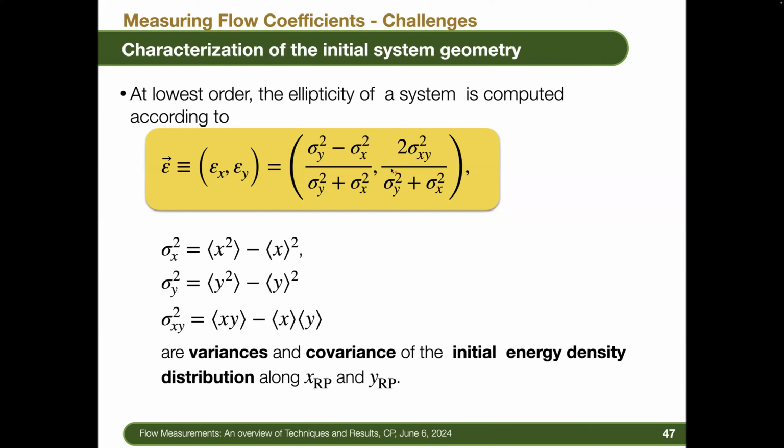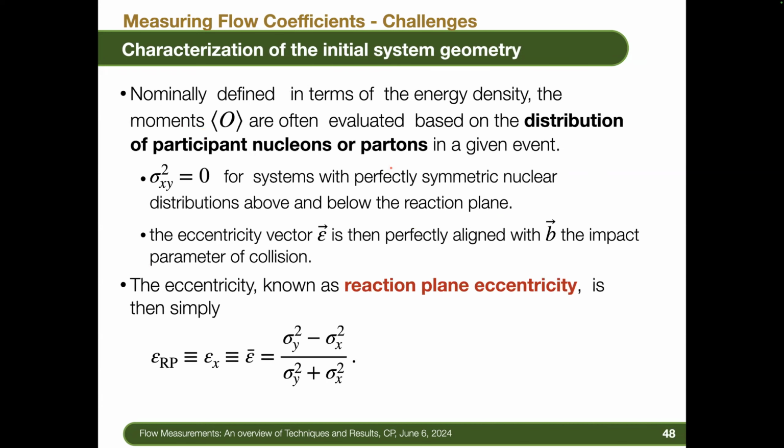How do we know the impact parameter? Well, we cannot. We don't measure the impact parameter directly, but we can have a proxy based on the multiplicity of the collisions, which is not something that I'm going to really talk about today. So at the end of the day, we can evaluate the eccentricity, or the so-called reaction plane eccentricity, based on formulas such as this one.